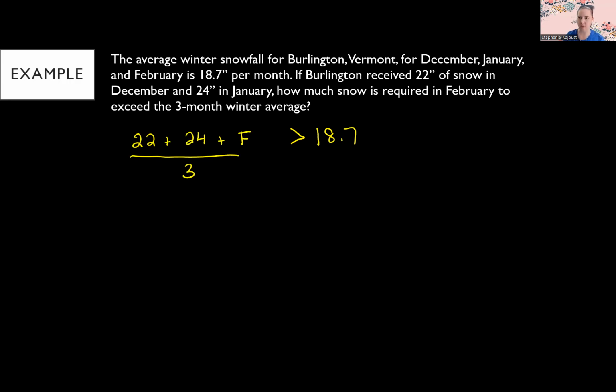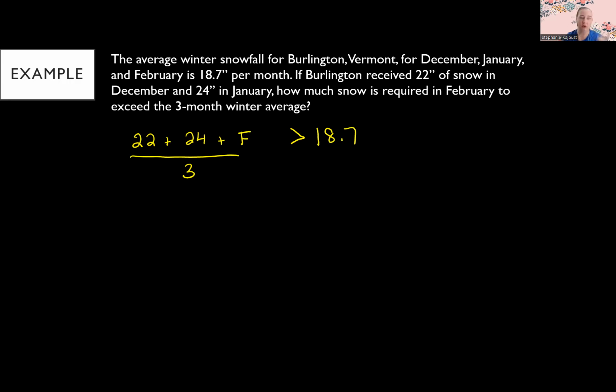So we add them, divide by 3. The actual average you find by adding up the 3 months and dividing by 3. And we want to know, once we find that average, is it greater than the 18.7 that is typical? We don't know February. So how much would we have to get in February to be above average, essentially? That is what this is saying. So we're solving for F.